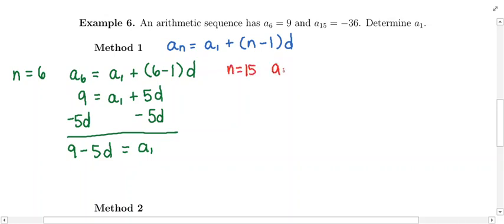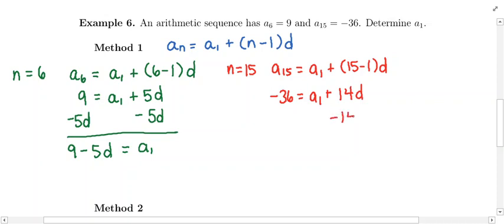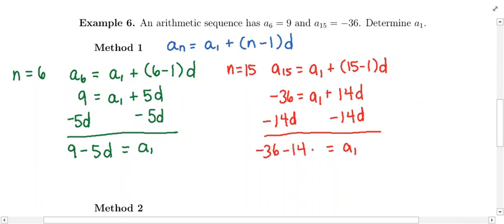This tells us that A15 is equal to A1 plus 15 minus 1 times D. We know A15 is negative 36, so negative 36 is A1 plus 15 minus 1, which is 14, times D. Again, we're going to solve for A1, so I'm going to subtract 14D from both sides. This tells me that A1 is equal to negative 36 minus 14D.